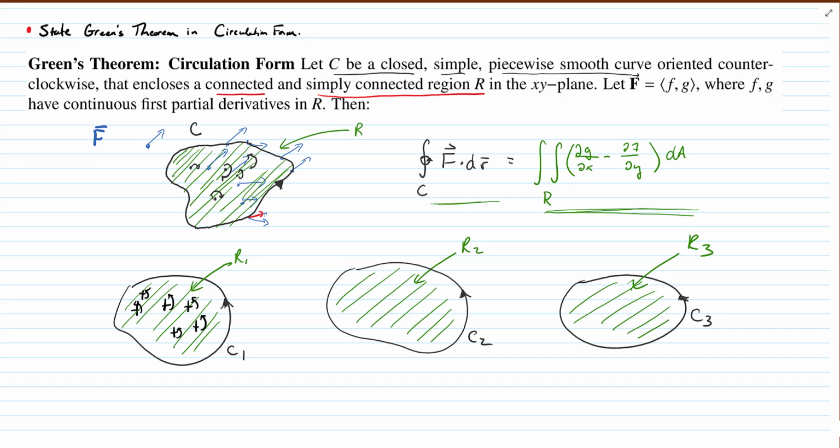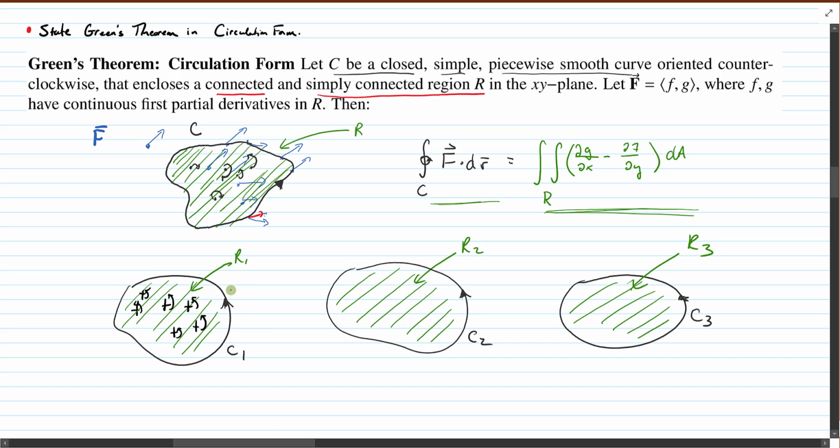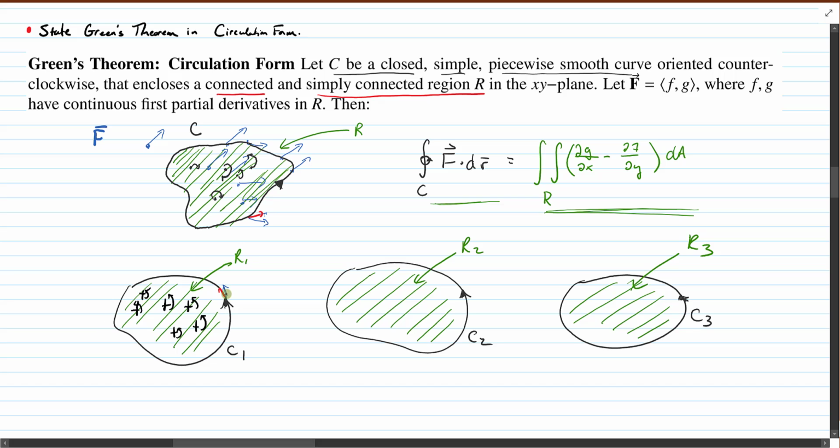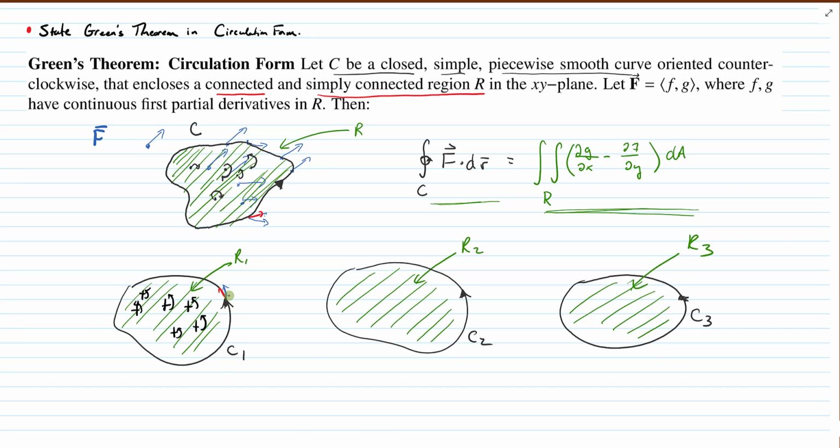That is, if the vector fields are arranged in such a way so that all these points have a positive rotation, then what we must have is that for the majority of the time at least, the blue vectors of F along the boundary, along C1, should be moving basically in the same direction as C1.